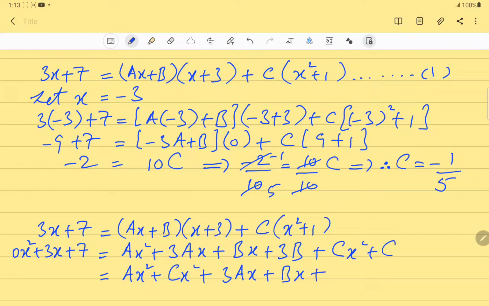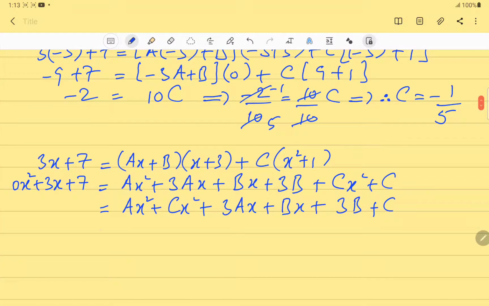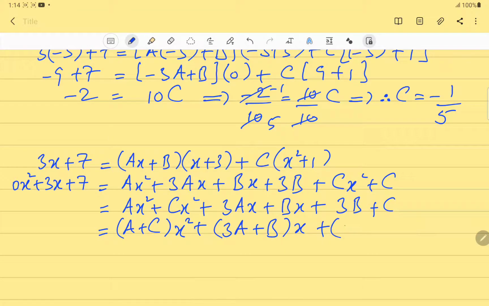Now those terms which are without any x, which is 3b plus c. So we take x squared common here, so a plus c into x squared, plus here in the second two terms we take x common, 3a plus b into x, and the third one which is without x, 3b plus c.